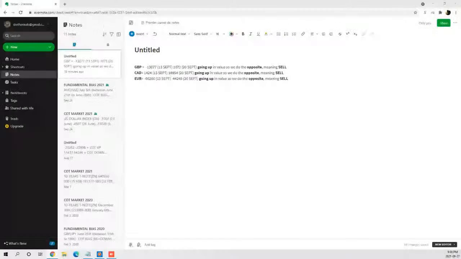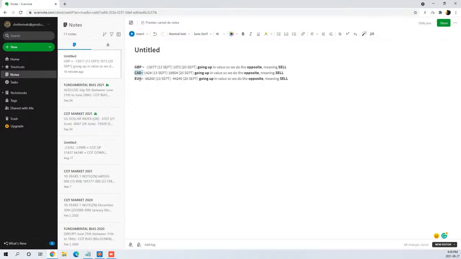Okay, and I will show you once again the three currencies that we'll be looking at for the week. I'll just reshare my screen so you can see that. Okay, so we have the British pound, the Canadian dollar, and the euro.